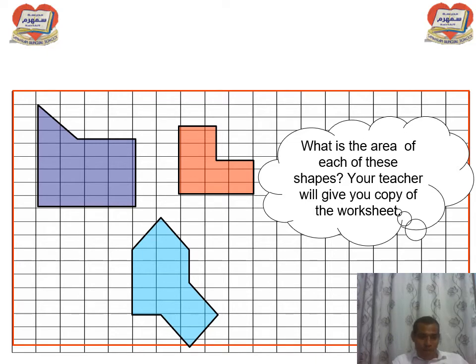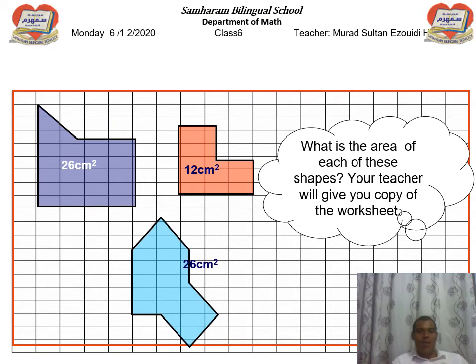For example, here you can see that this is a half square. This is a half square, so you will consider it as a square. Okay, so this one is 12 centimeters squared. The second one is 26 centimeters squared.